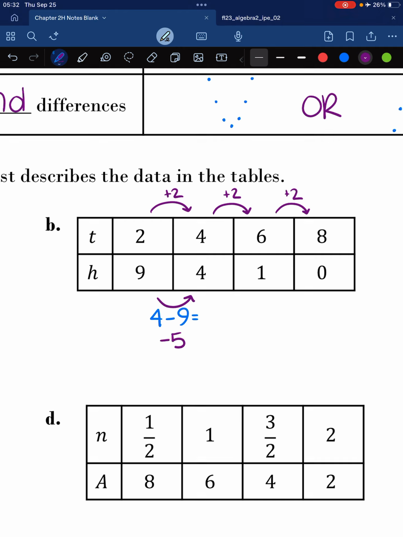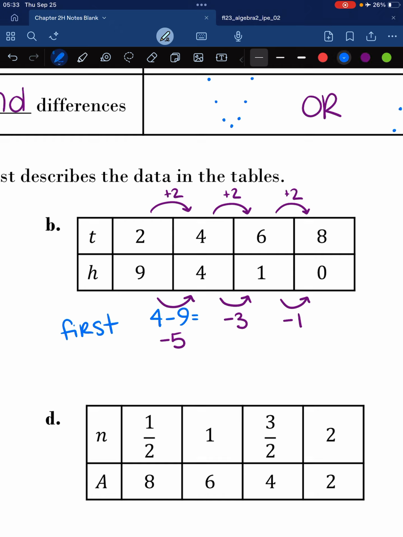The table is going down by 5, which hopefully is pretty apparent: to get from 9 to 4, we go down 5. Interestingly, to get from 4 to 1, I only go down 3. And from 1 to 0, I only go down 1. That's my first difference, but it's definitely not constant. Those numbers are not the same.